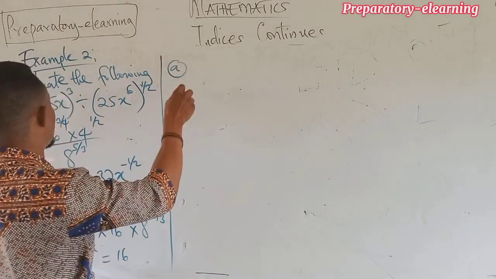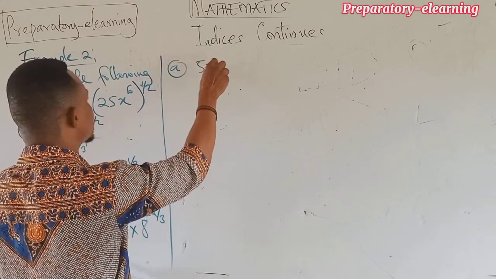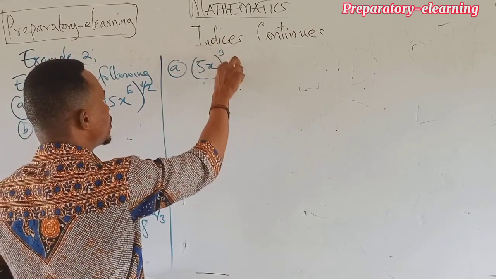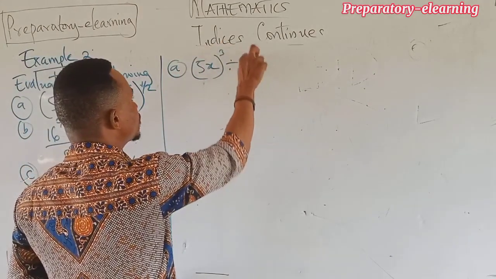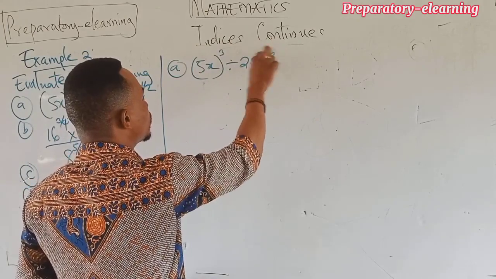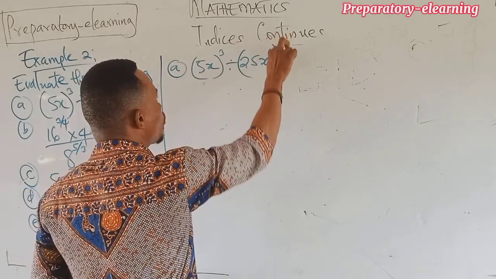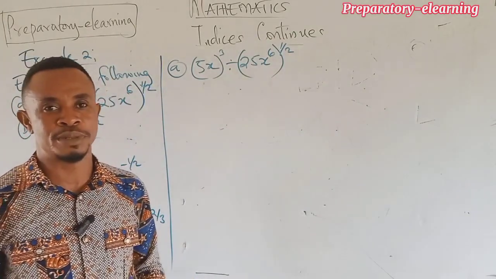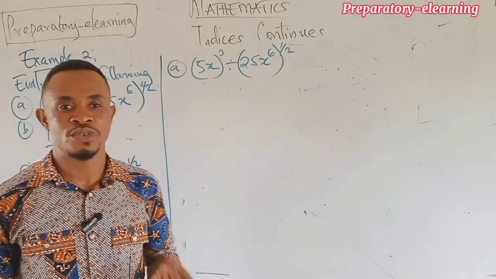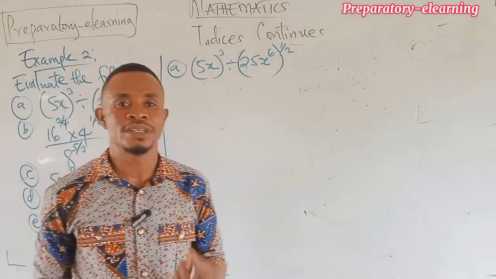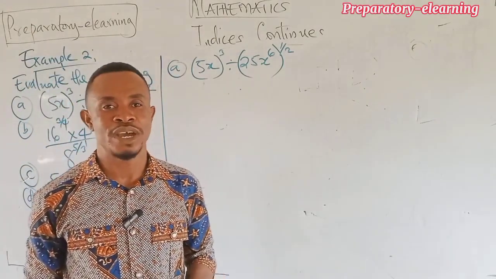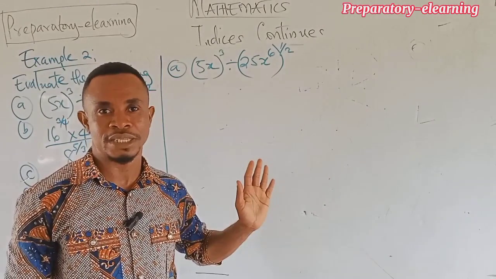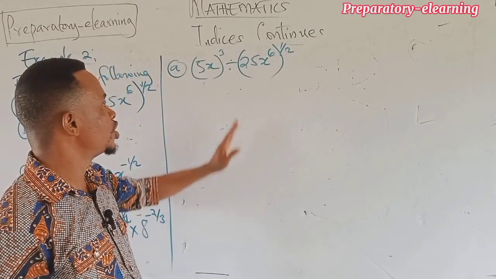All right, to solve this, we have the first one. A is what? 5x to the power 3 divided by 25x to the power 6, all to the power 1 over 2. This is still very simple. All you have to do is first understand all the laws of indices that we stated in our previous class, and if you understand all the laws, you apply them.